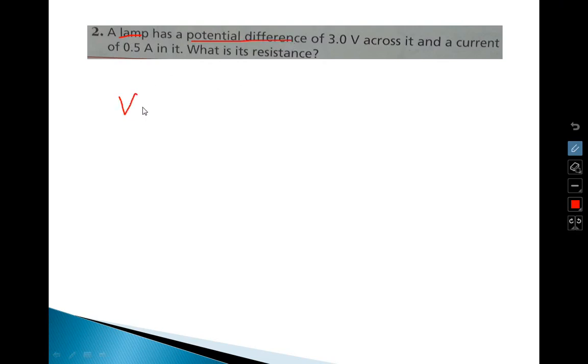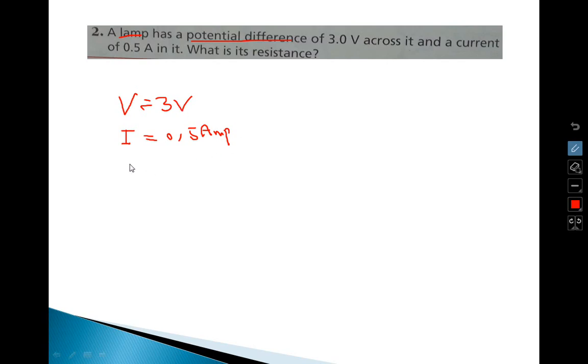V is given in the question, equal to 3 volt, and current I is also given, equal to 0.5 ampere. Just notice that we can write ampere as A or AMP, same.